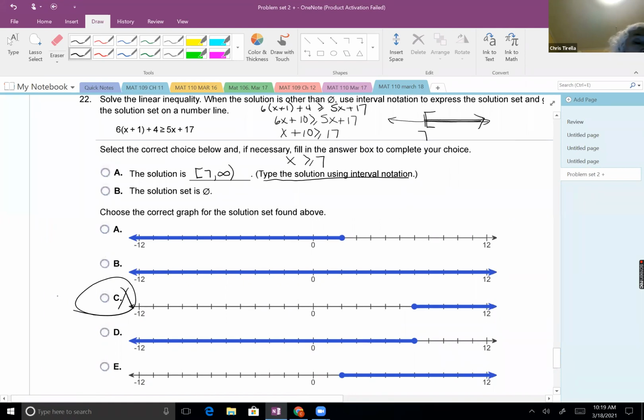Did anybody else get that x is greater than or equal to 7, or the interval closed at 7 to infinity, and that C was the correct choice? This is one of the ones where, again, I think I've said repeatedly during the course of the semester, I need to see your work.